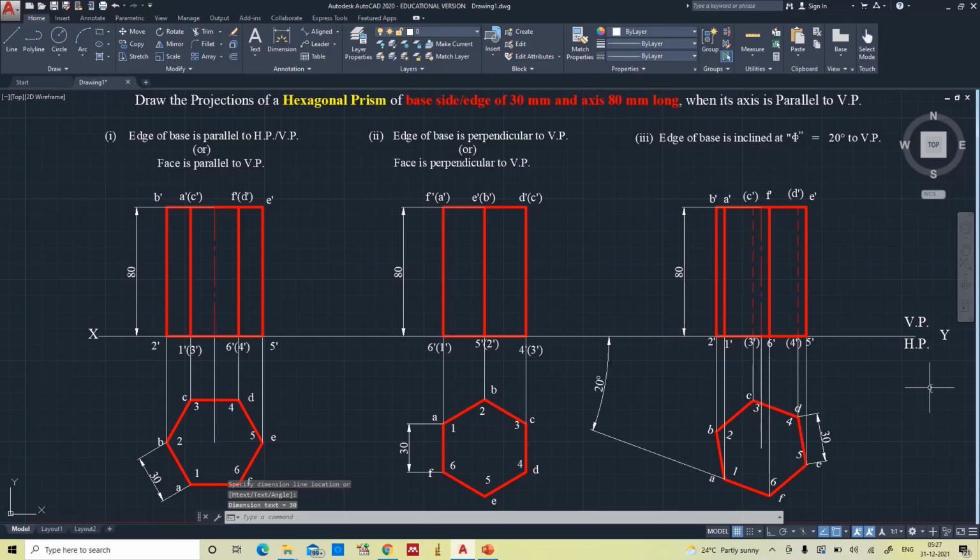So this is all about the projections of a hexagonal prism.